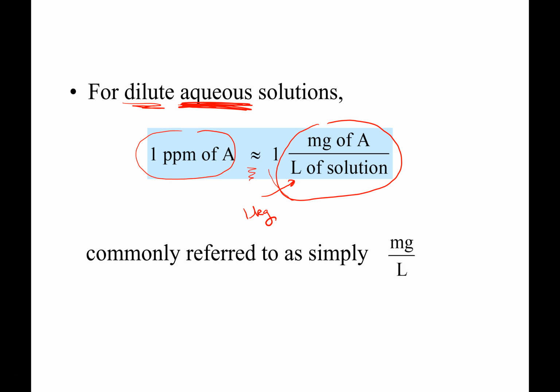And there's your factor of 6. So parts per million for a dilute aqueous solution is the same thing as milligrams per liter. If you see milligrams per liter, again, unpack that. That means milligrams of solute per liter of solution.